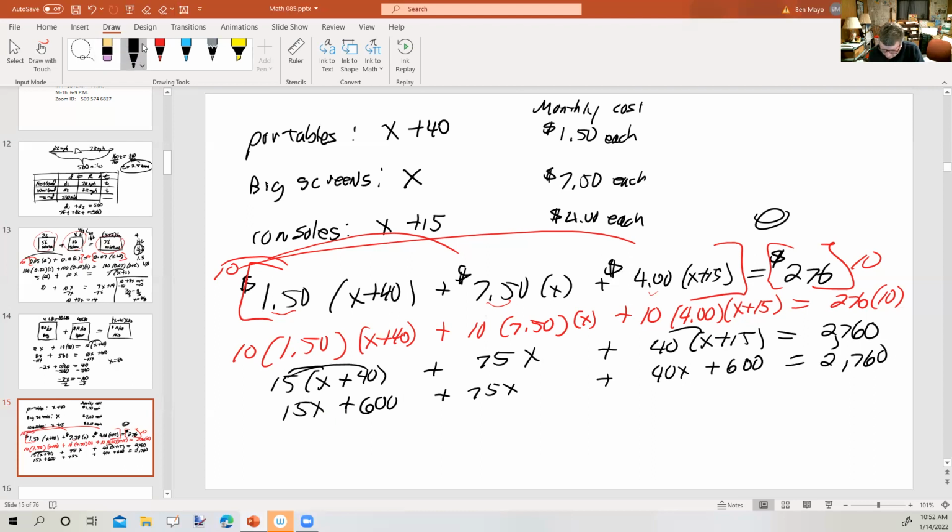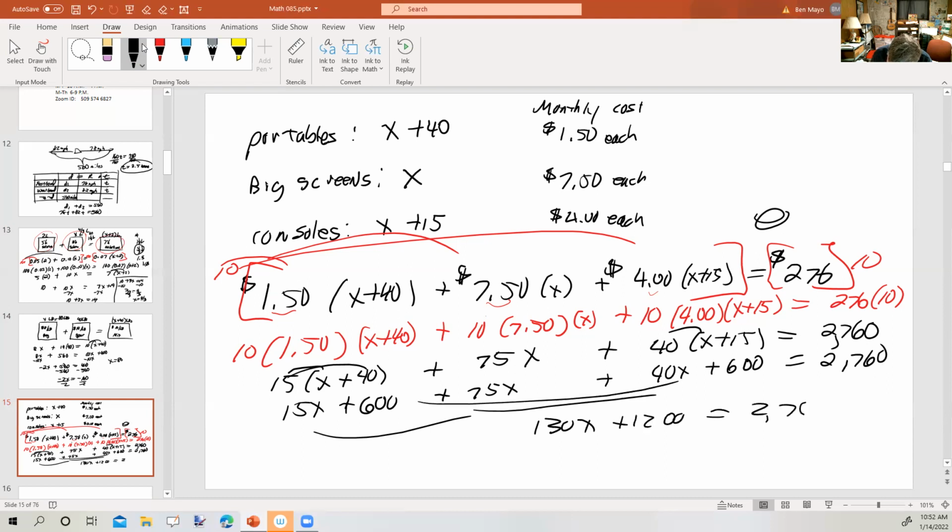I'm going to check my arithmetic because yesterday I messed up on something I shouldn't have. So let's see, 15 times 40 is 600, and 15 times 40 again is 600. Okay. So combining like terms, 15 plus 75 plus 40 is 130x, plus 1200 equals 2,760.